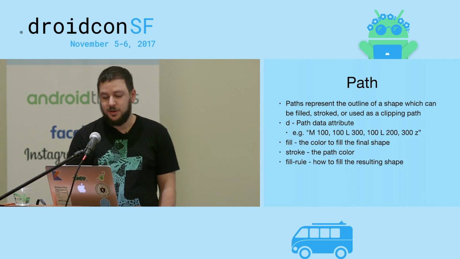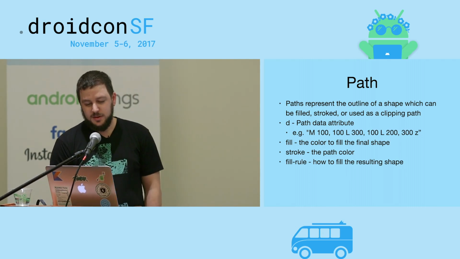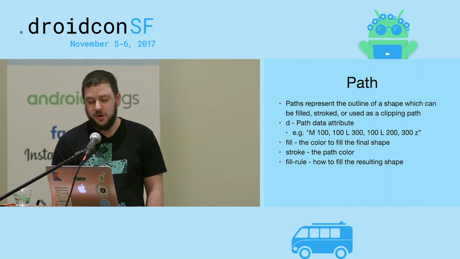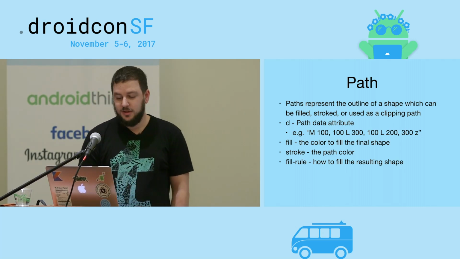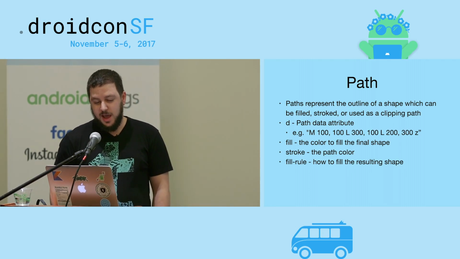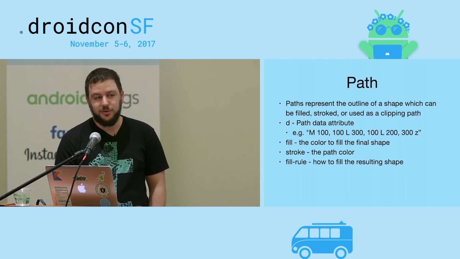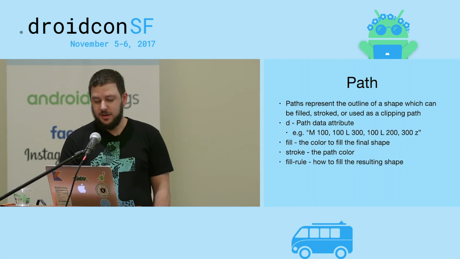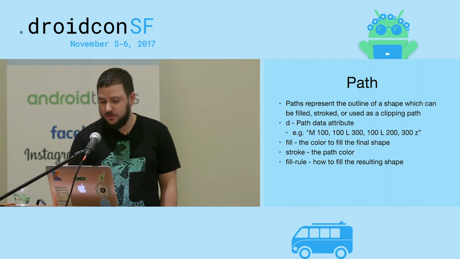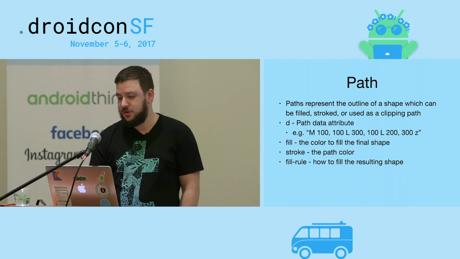A path can also contain multiple segments. The fill and stroke attributes are used to set the colors of the shape, and the fill rule is used to determine the strategy used to fill the shape. That's pretty important, and I'll get back to it later.